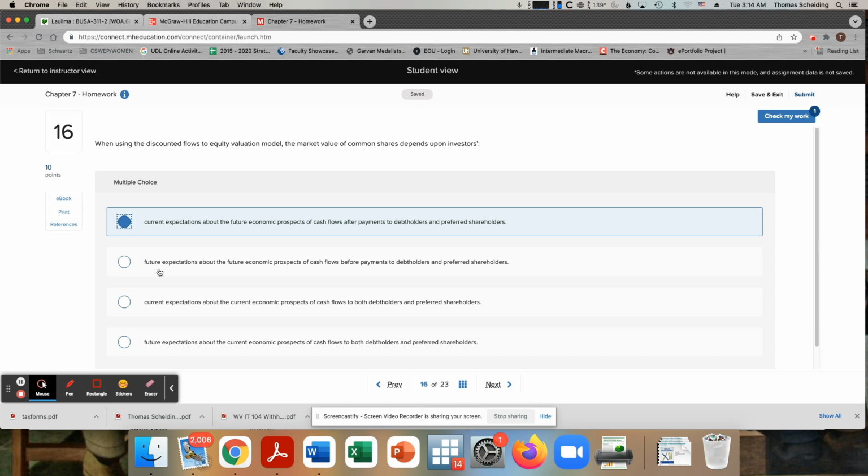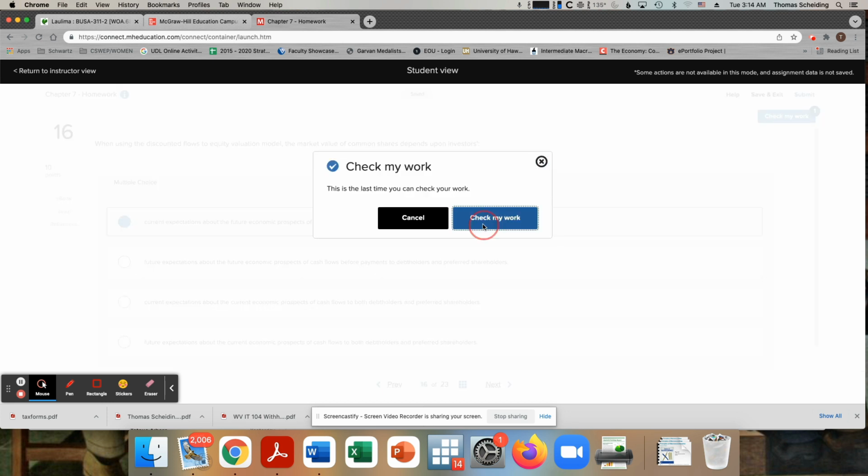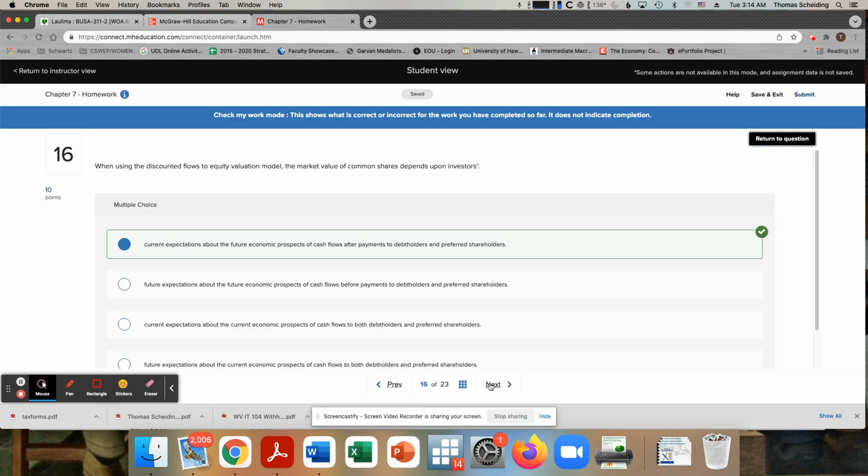And it's after you subtract out the payments to debt holders and preferred shareholders, because then you're looking at that cash flow after those required payments are made and then discounting those. And again, if my explanation isn't giving you enough, my only suggestion would be to look at the definition in the book a little bit closer. And if it still seems unclear, let me know and I can talk you through it a little bit more.